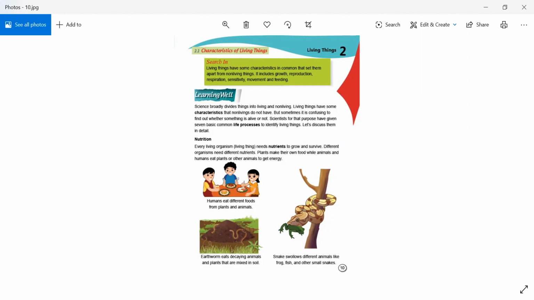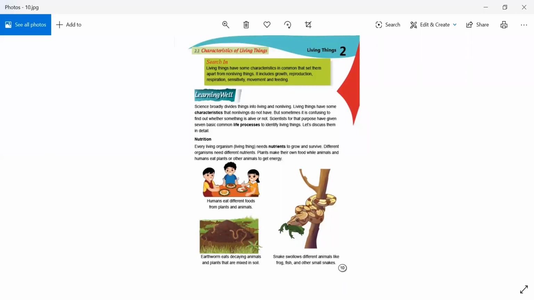Photosynthesis is the process in which plants make their own food. But whereas if we talk about animals or humans, they eat plants. If we talk about humans, they eat animals as well. Like we can eat the cow meat. We eat chicken as well. But there are some animals who eat other animals as well.